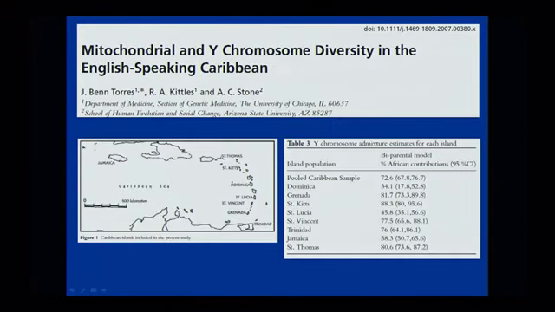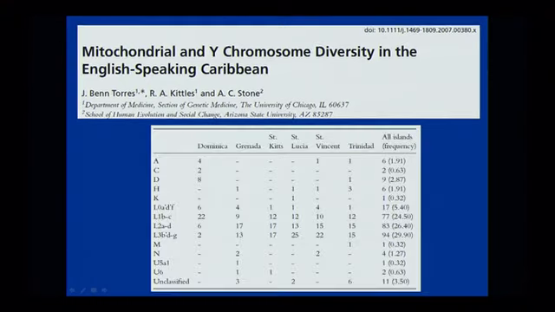If we look at some islands that my postdoc, who now is at University of Notre Dame, we looked at Y chromosome, mitochondrial DNA, and also autosomal markers in these populations, and found that those that had the largest proportion of African contribution on their paternal lineages was St. Kitts, and the lowest was in Dominica, which is really, the island has a lot of remnants of the Native American communities that were on those islands.